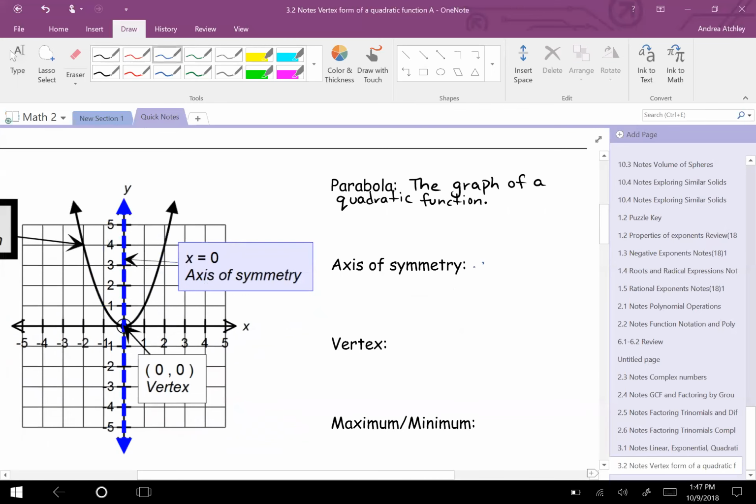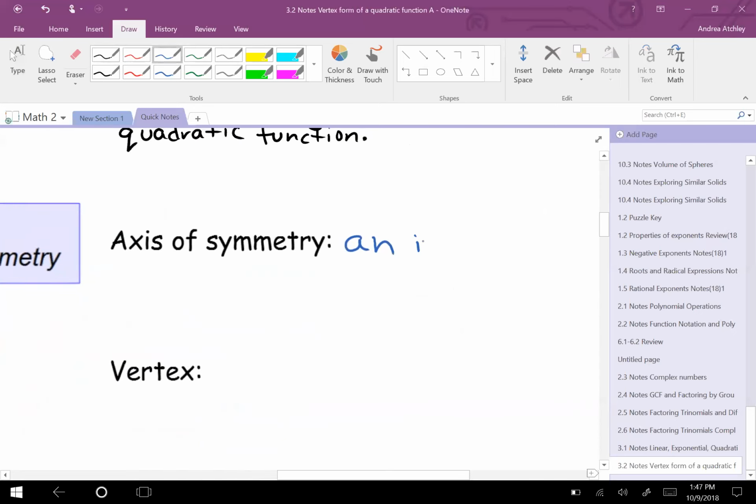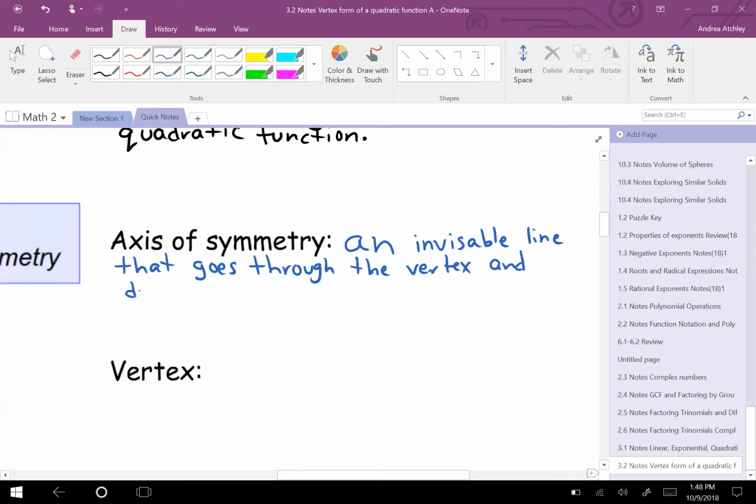So, an invisible line that goes through the vertex and divides the parabola into two congruent parts.